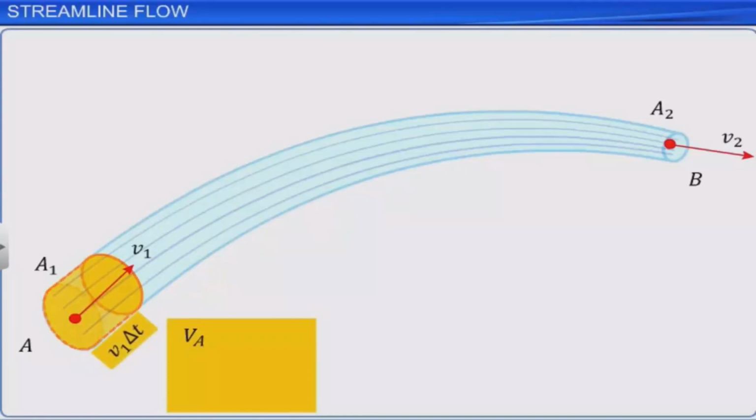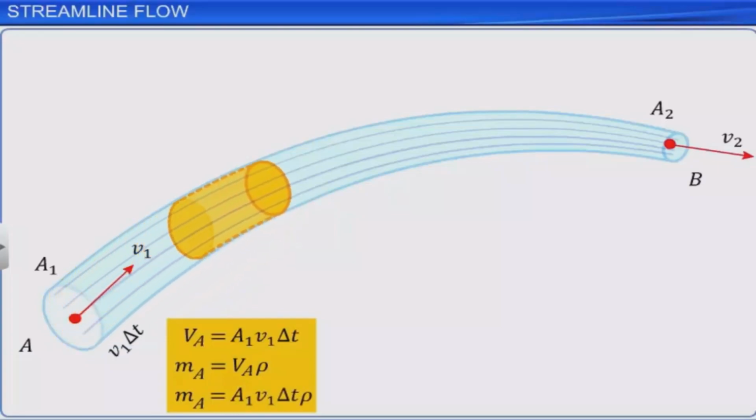The volume of the fluid going into the tube through the cross-section at A is A1 V1 delta t. If ρ is the density of the fluid, the mass of the fluid, Ma, entering the tube at A in time delta t, is A1 V1 delta t ρ.